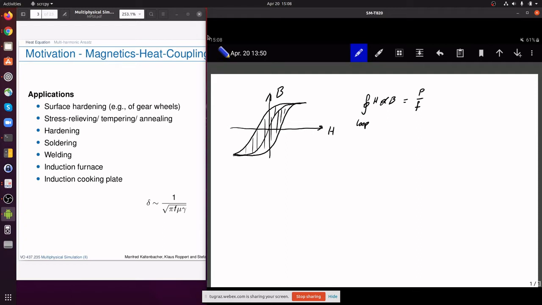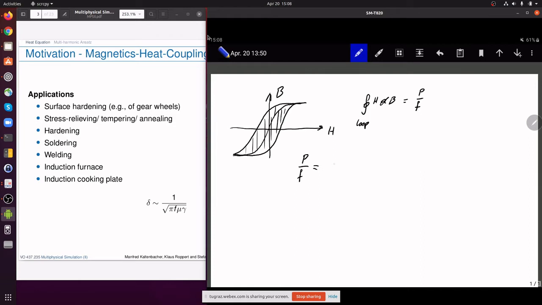We can identify three different loss components of this total loss P. So this total loss P, or the loss per cycle, P over f, actually consists of three very distinctive parts.